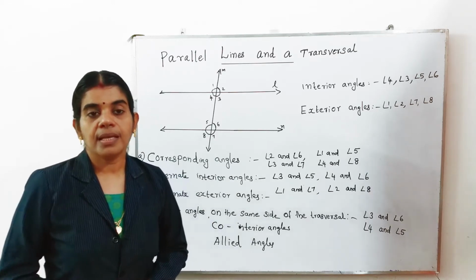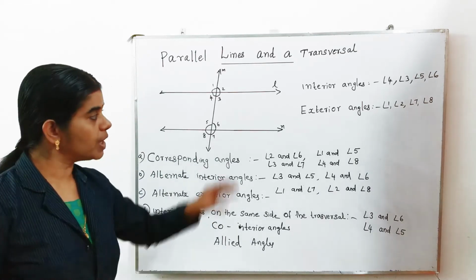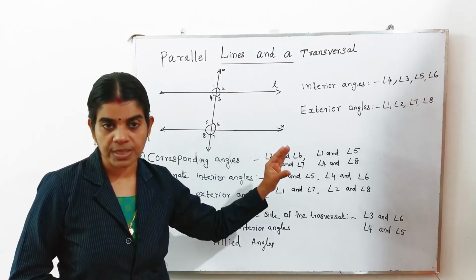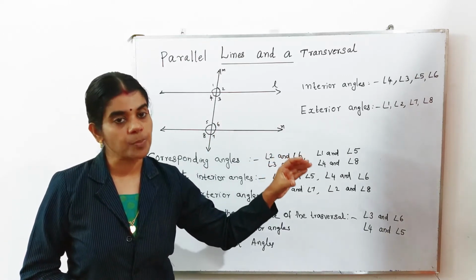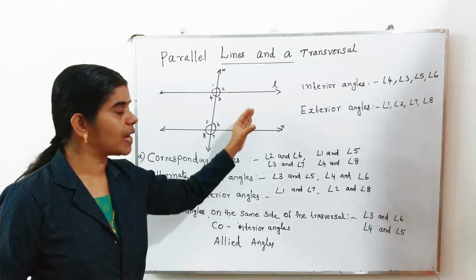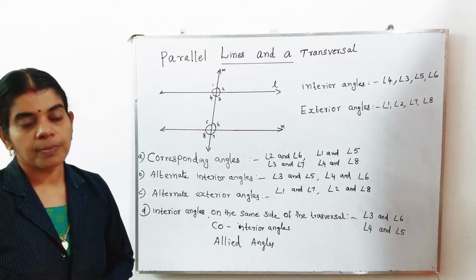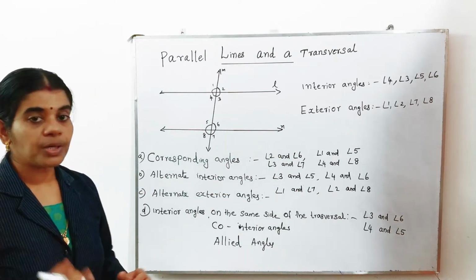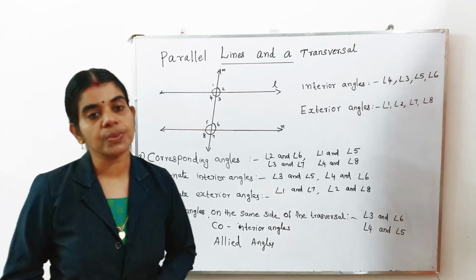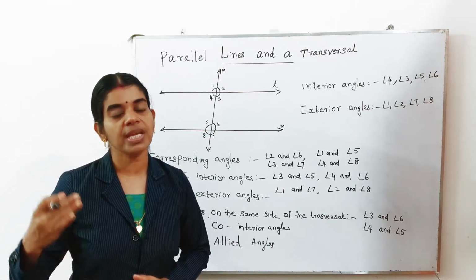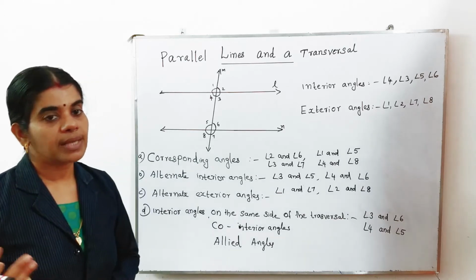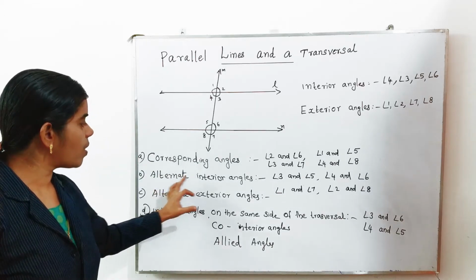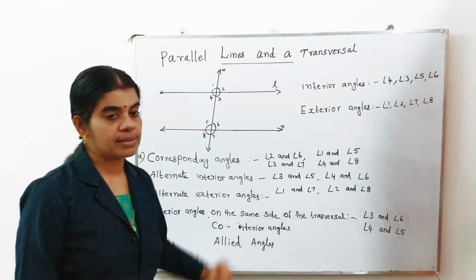Otherwise, if two lines are cut by a transversal and one pair of corresponding angles are equal, those two lines will be parallel. So if you want to show two lines are parallel, you can show one pair of alternate interior angles equal.